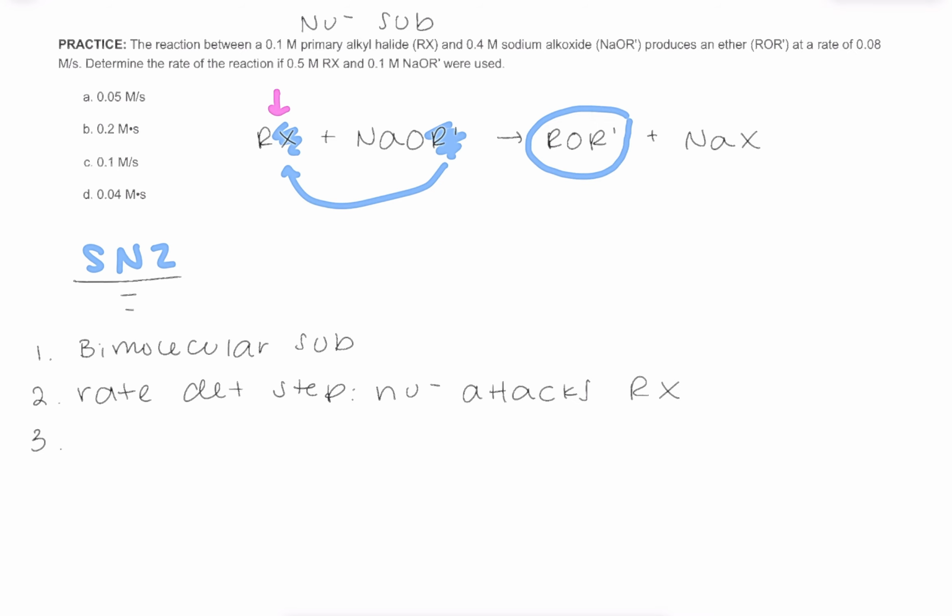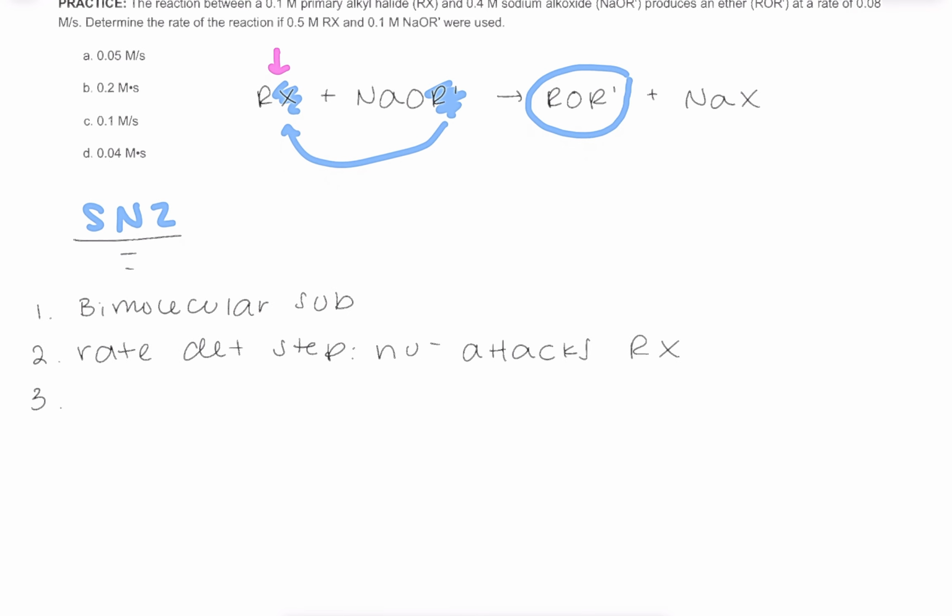And finally, our last key characteristic is that the rate will equal K, the rate constant, times the concentration of the alkyl halide times the concentration of the nucleophile, which, to clarify, in this case is the sodium alkoxide. Perfect. So now we're ready to begin our calculations.